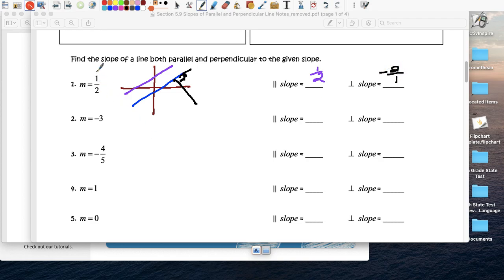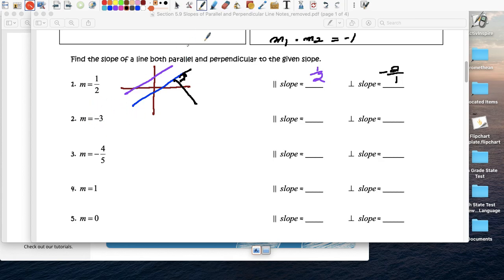So if you multiply the slope of the blue line and the slope of the black line, you will get -1. That's what I mean by negative reciprocal. So the slope of line 1 times the slope of line 2, I'm talking about the blue and the black, it's always going to equal -1. But the trick, like you said in class, if you want to negate and flip, that's, I guess, the easy way to remember.